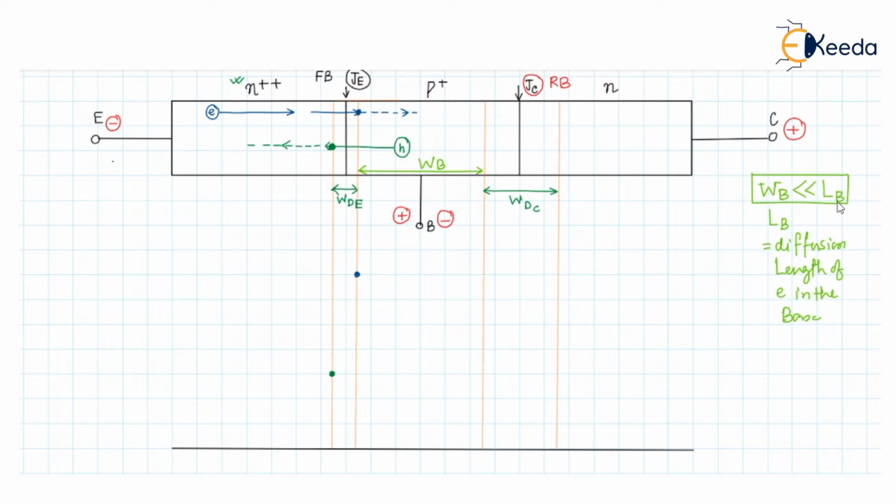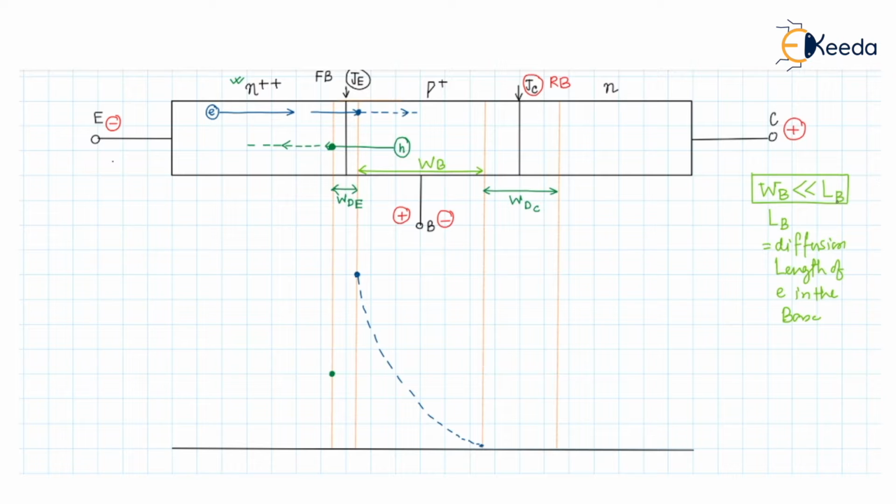That's why the electrons which are injected from the emitter and come into the base and become the minority carrier will diffuse through this base region. When the diffusion happens, they will diffuse exponentially in this fashion throughout the length of the base region.